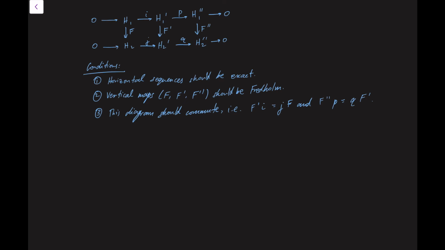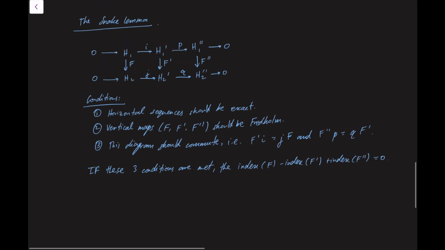Okay, so if these three conditions are met, then we get the statement that the index of f minus the index of f prime plus the index of f double prime equals 0.